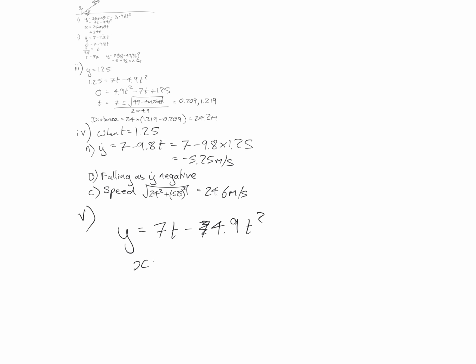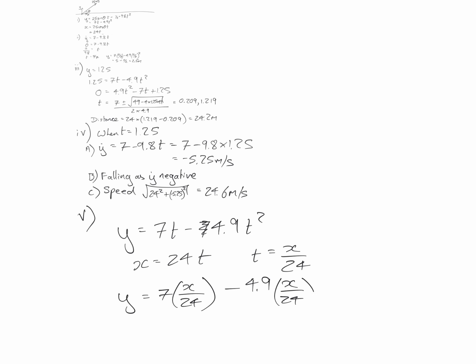We've also got x equals 24t, so we know that t is x over 24. Put that into the other one, we get y is 7x over 24 minus 4.9 x over 24 squared.